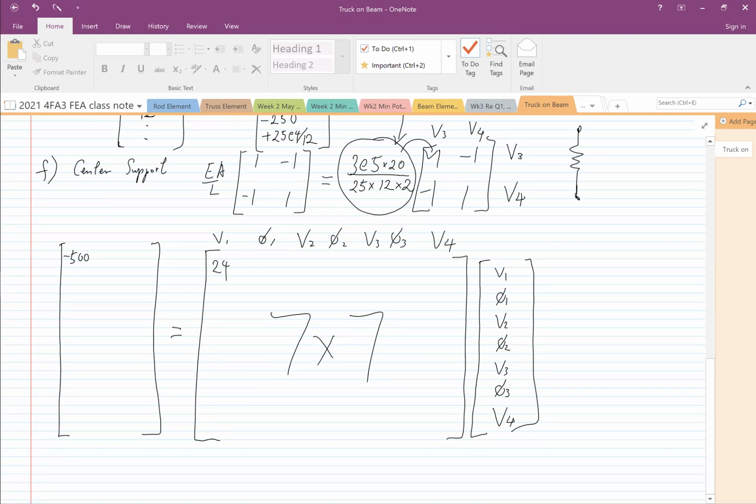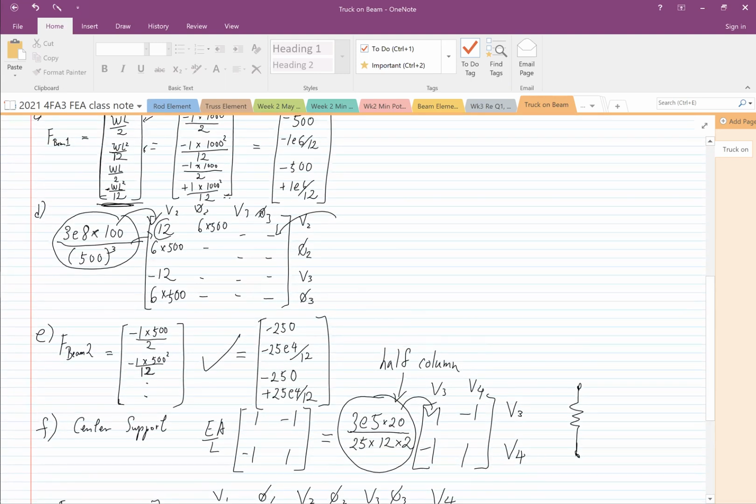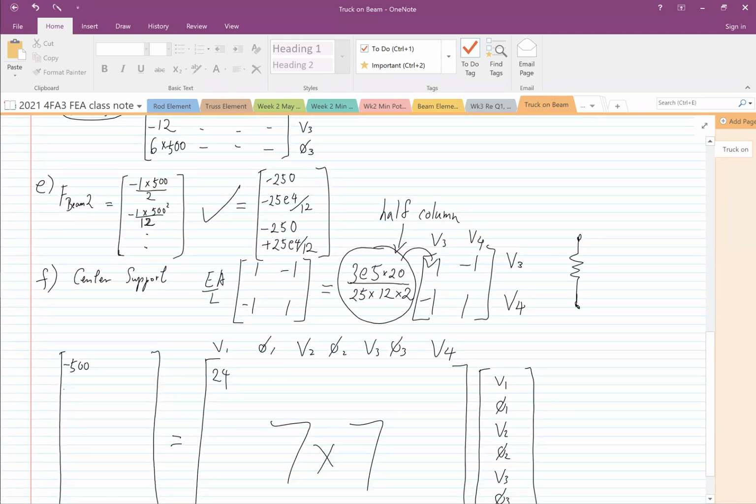Okay, let's go back to the force vector, right? The first beam, -1 e to the 6 over 12, and the third term same as the first term, and the fourth term same as the second term but different sign.